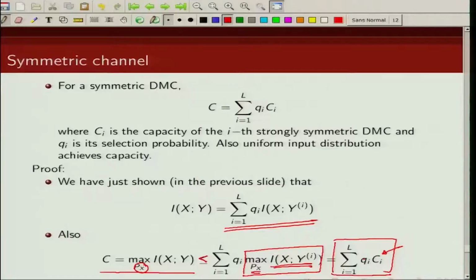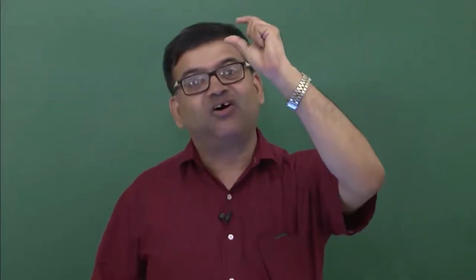So again, I repeat, the input distribution that maximizes this for the ith channel is the same whether I consider the ith channel or the jth channel, because it is the uniform input distribution that will achieve capacity.